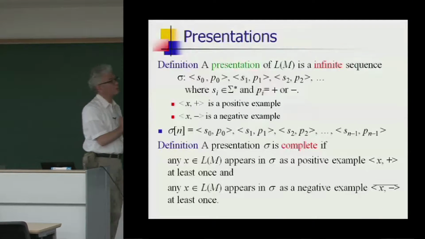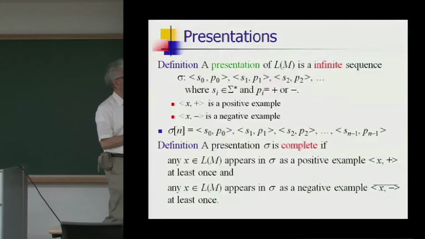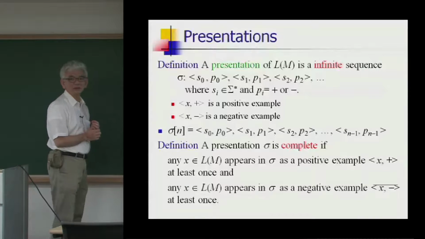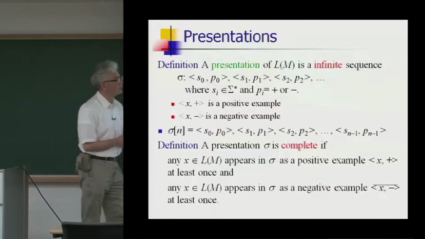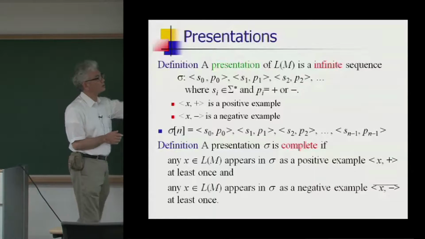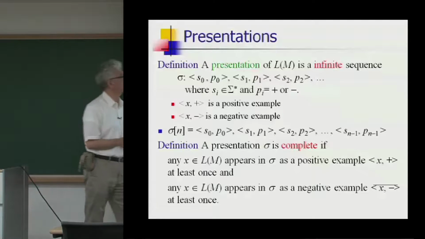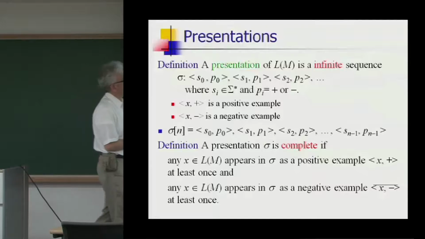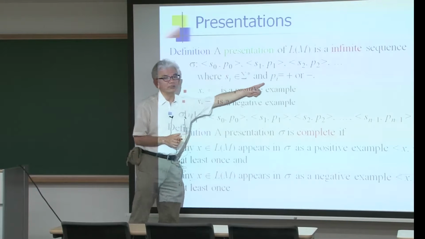Okay, then we give definitions. A presentation of a formal language L(M) is an infinite sequence of pairs, where each pair consists of a string and its polarity.